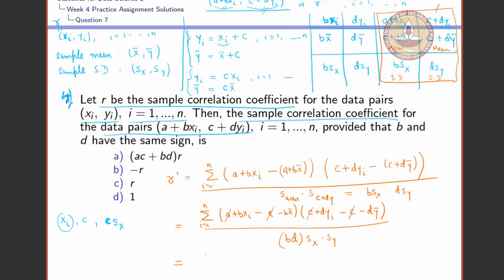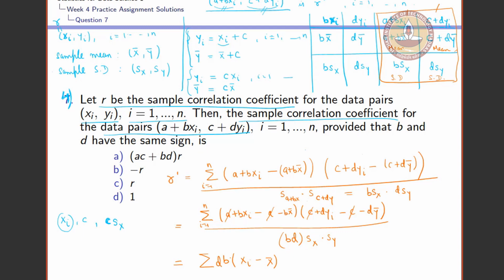So let's calculate this. Let's take b as common. So b will come outside, and it is xi minus x bar. From here, let's take d common.